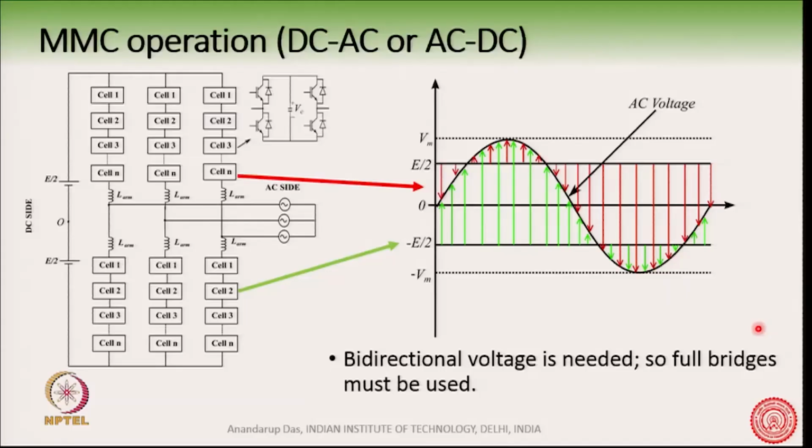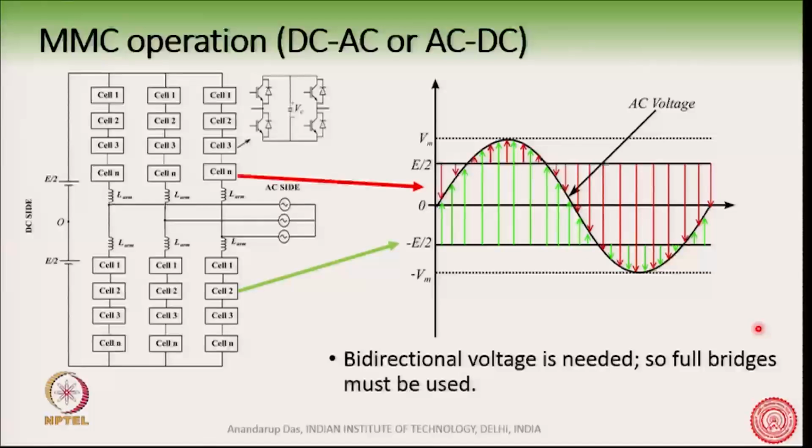But in any case, we need bidirectional voltage from the arm of the converter, and so we must use full bridges in these arms, because the difference between a full bridge and a half bridge is that a half bridge can produce only unidirectional voltage.